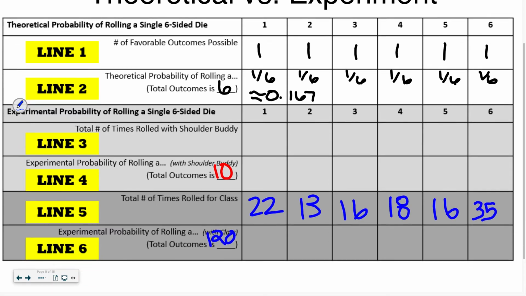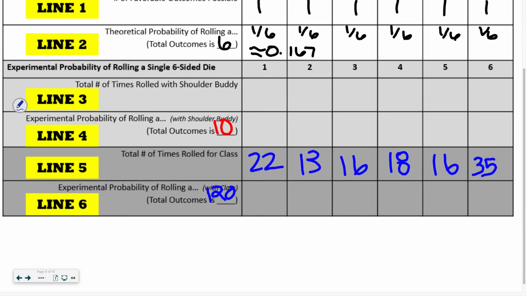Okay, now I counted that I had 12 partner pairs. So you each rolled 10 times, right? So that would actually be 120 trials that we had. So I'm going to grab my calculator and do the probability for these, and then I'll put them up on the board in decimals, because when they don't have the same denominator, it's hard to compare. So this one is like 0.183.